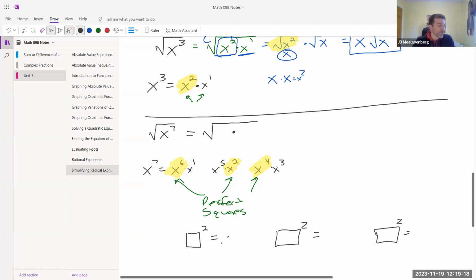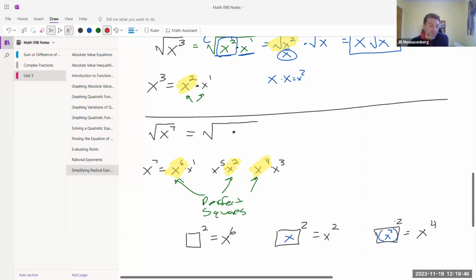So could we come up with something to fill in these boxes? This is probably the easiest one to do. Is something squared equal to x squared? Yeah, x squared is equal to x squared. Is something squared equal to x to the fourth? Yeah, x squared is equal to x to the fourth. Why?